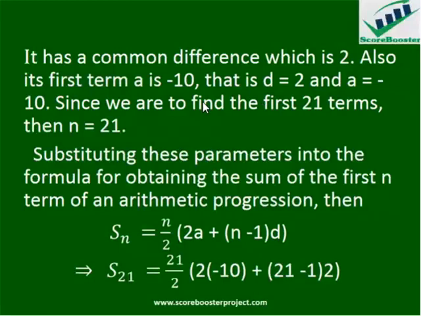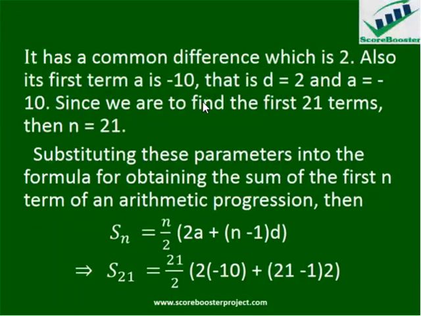Since we are to find the first 21 terms, the value of n will be equal to 21. Substituting these parameters into the formula for the sum of the first n terms of an arithmetic progression, from the parameters given, we will be able to decide the formula to use.